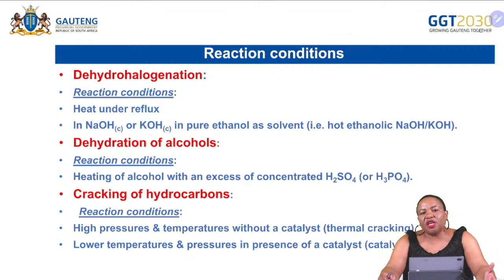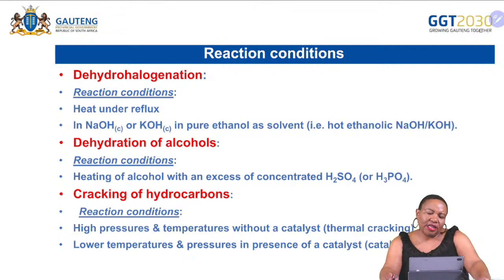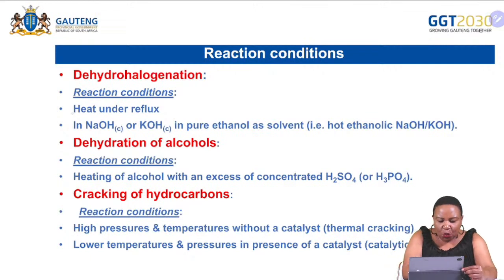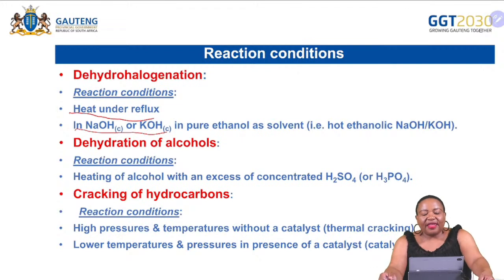What is nice about cracking is that you will see what was your reactant and the side of the product. If there's something missing on the side of the product, you will know what was on the side of the reactants. Now, dehydrohalogenation, as I said, we need heat, we need a base. However, that base needs to be concentrated and needs to be a strong base.